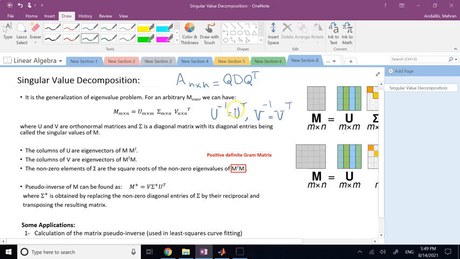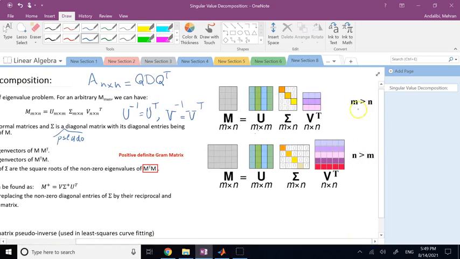Although matrix sigma is called diagonal, it's not perfectly diagonal the way we talked about it in the past, because diagonal refers to square matrices. So when we say diagonal, it's kind of like a pseudo-diagonal. It is the same size as the original matrix M.